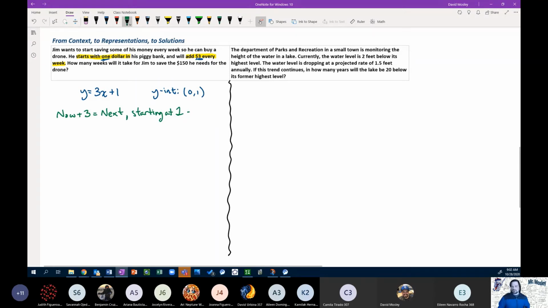So we have our symbolic rule, we have our now-next rule, and we have our y-intercept there. So we can represent this situation with our rule here. We can also use a table to help show what's going on here.